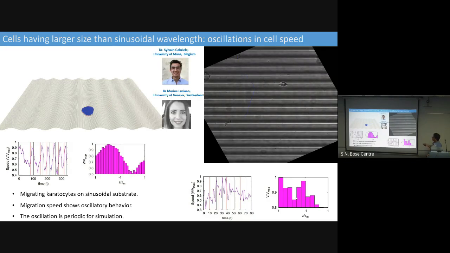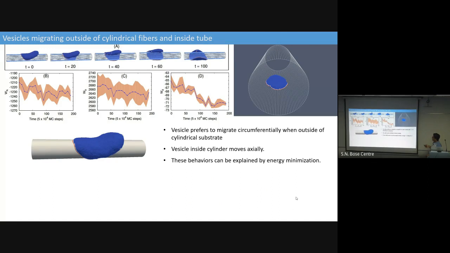These experiments are done by these people, and we now go to the constant curvature case. If the cell is only sensing the curvature and not which kind of surface it is on, then the behavior that they show on the top of the sinusoidal should be the same as the behavior on the fiber, because it is also convex. And you see that indeed it is showing this kind of behavior.